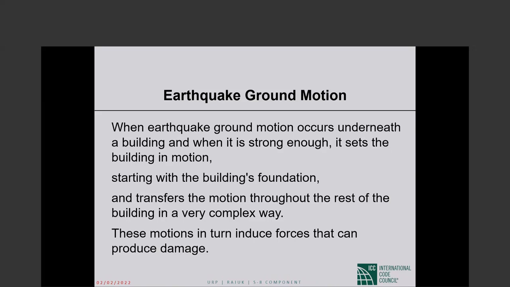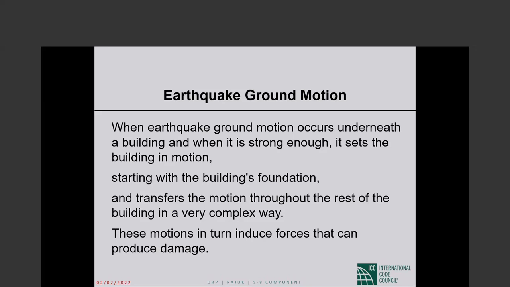That sets the building in motion. Okay, so the ground motion sets the building in motion, starting with the building's foundation, and transfers the motion throughout the rest of the building in a very complex way.